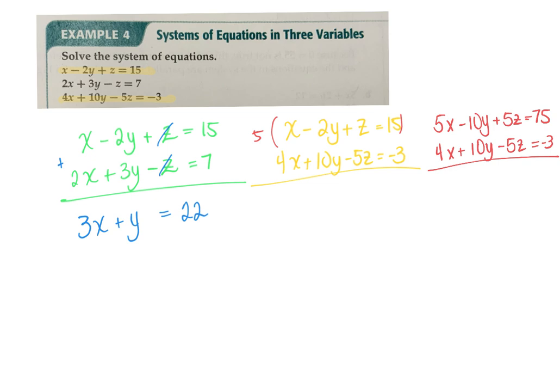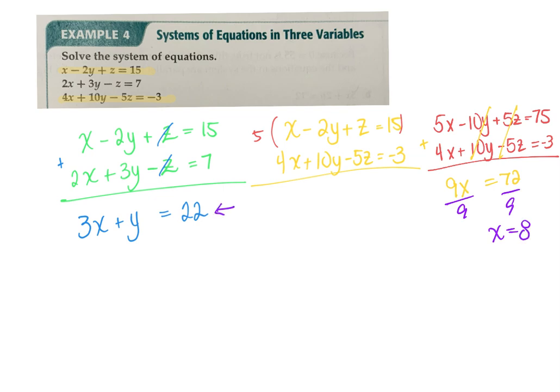I'm going to add these up. 5x and 4x, 9x. Look what happens to my y's here. My y's cancel, right? And my z's cancel. 9x equals what? 72. I can actually go ahead and solve for x, can't I? What is x? Yeah, x is going to equal 8. Now, I already know x is 8.